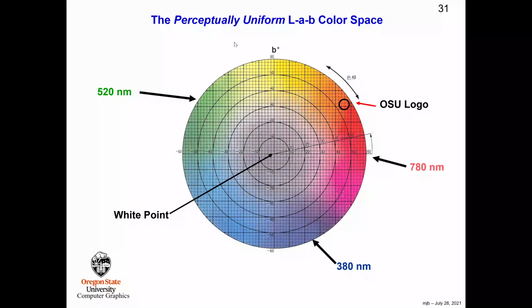I snuck into the OSU Beaver store and started pointing my meter at various articles of clothing for sale, and it was pretty consistent. This is where in LAB space, Oregon State orange shows up. Yeah, that's kind of interesting. So anyway, you can also measure this. And like I said, this is how they color calibrate commercial products.